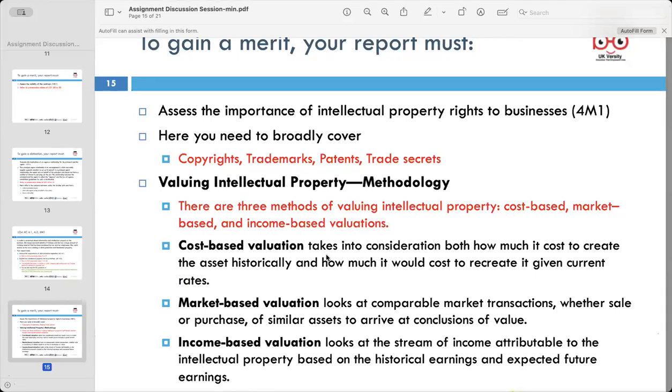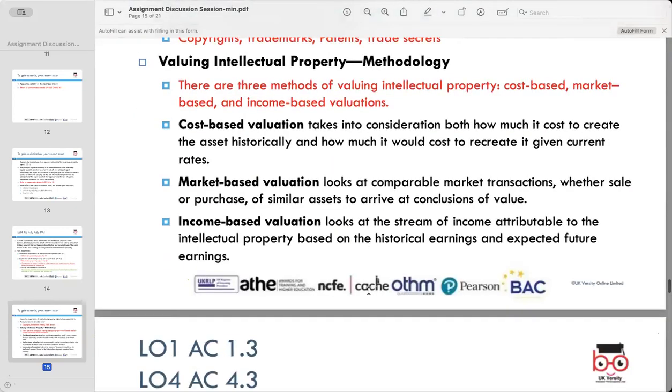Market-based valuation: discuss the market-based valuation method, explain how it looks at comparable market transactions, consider sales or purchase of similar assets to determine value. Then the income-based valuation method: discuss how it assesses the stream of income attributable to intellectual property based on historical and expected future earnings.